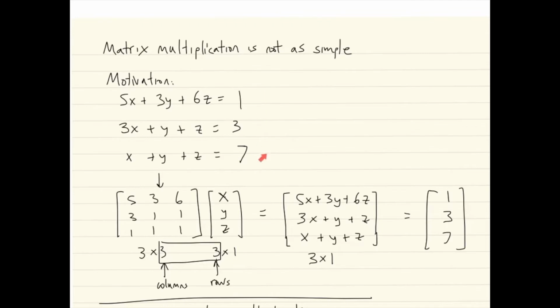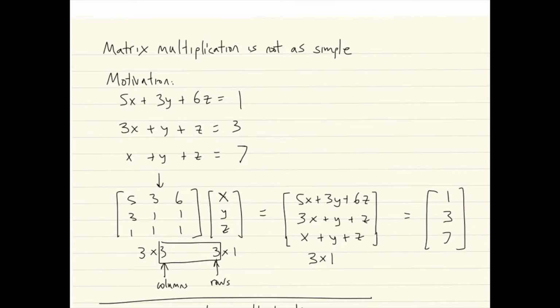So here I have 3 equations in 3 variables, and we created a matrix by taking all the numbers that are appearing here and making an augmented matrix. Now what I did here is just take the coefficients on this side, so the 5, 3, and 6. So that's there, the 3, 1, and 1, that's our second row. I've ignored 1, 3, 7, well, I put it way out over here.